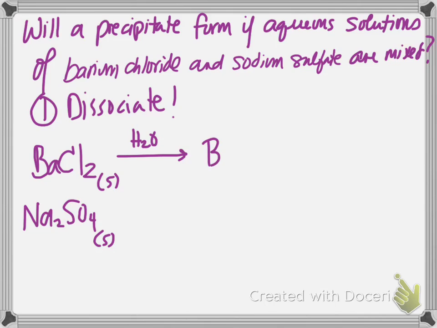H2O, so we get Ba2+ aqueous, Cl1-, and we get 2 moles of chloride ions, also in aqueous solution. I'll let you do the sodium sulfate by yourself.